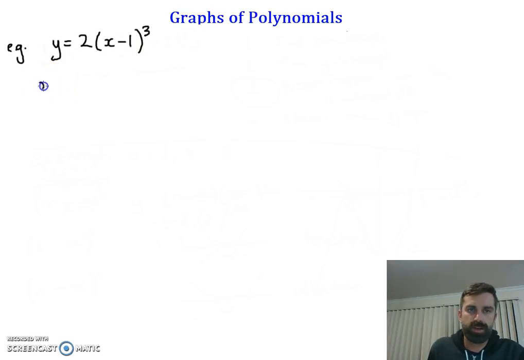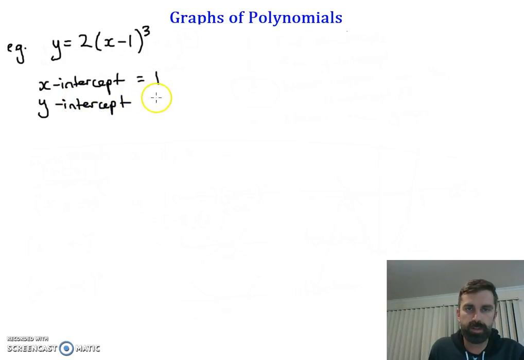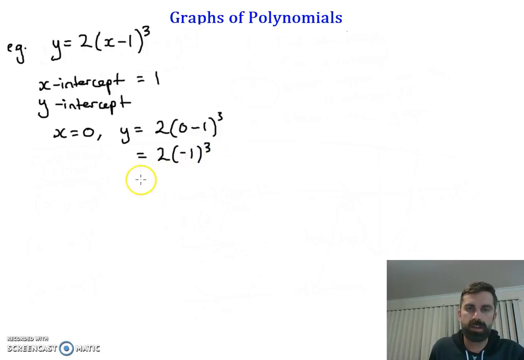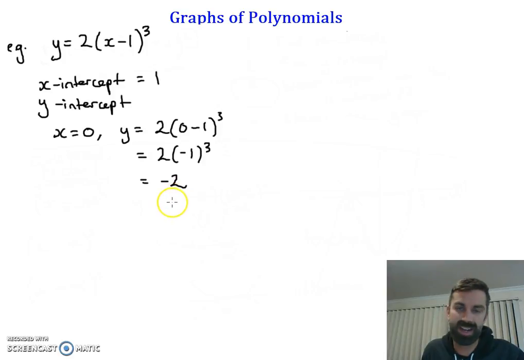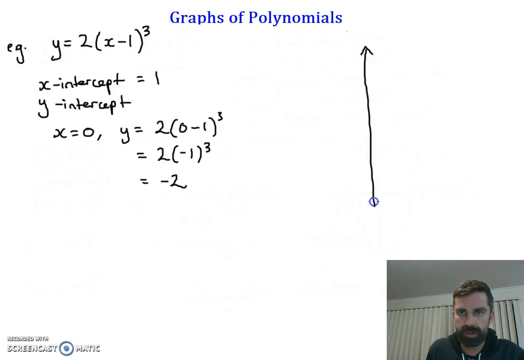So now I know my x-intercept is just going to be 1, and my y-intercept, there's only one factor there, it's just a cubed factor, that occurs when x equals 0 and y equals 2 times 0 take 1 cubed, which is 2 times negative 1 cubed. Now, negative 1 cubed is actually negative 1, because it's a negative times a negative, which makes a positive, times a negative again, which makes it a negative.